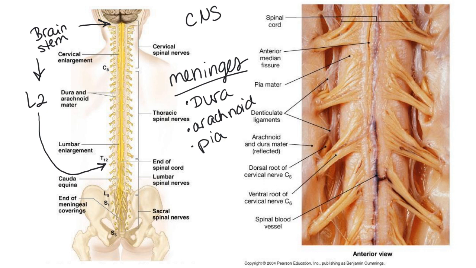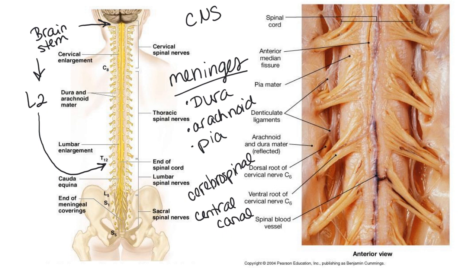So on that same note, with our similarities to our brain, the spinal cord is also surrounded by the cerebrospinal fluid. If y'all remember from our flow of cerebral spinal fluid, it could go through those lateral ventricles to the third, through that cerebral aqueduct to the fourth ventricle, and then it could either go down the central canal or out into the subarachnoid space.